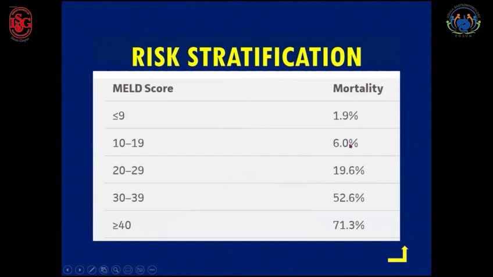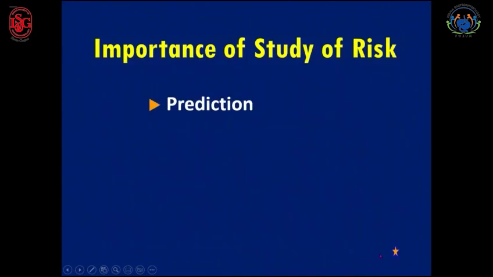It increases to 6% when the score increases to 10 to 19, and so on and so forth. When it is more than 40, the mortality is about 71.3%. This is one of the importances of risk stratification, in which we accept that a one size fits all approach is not going to work in clinical medicine, and you can stratify people based on their risk too. The next is diagnosis.